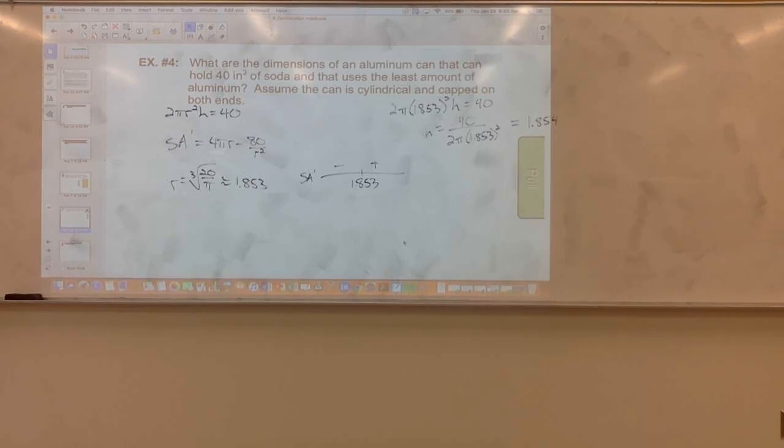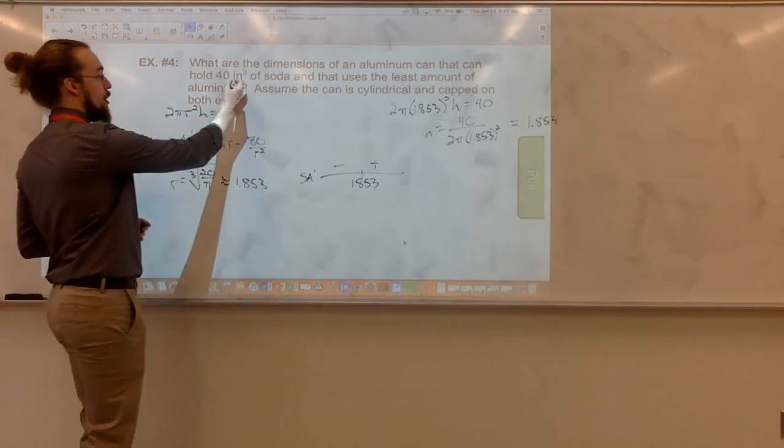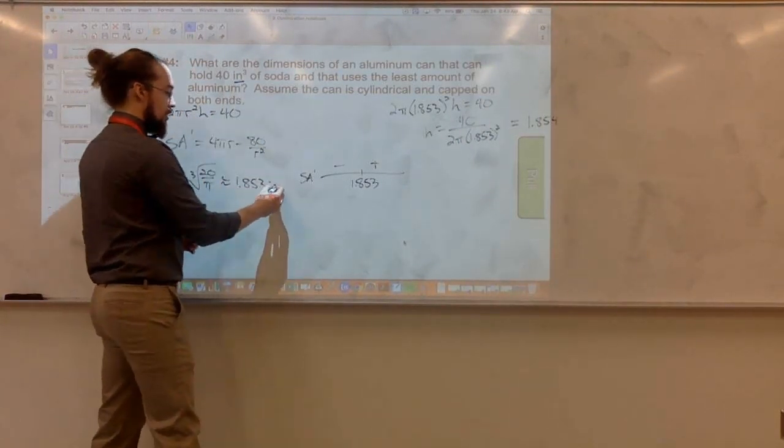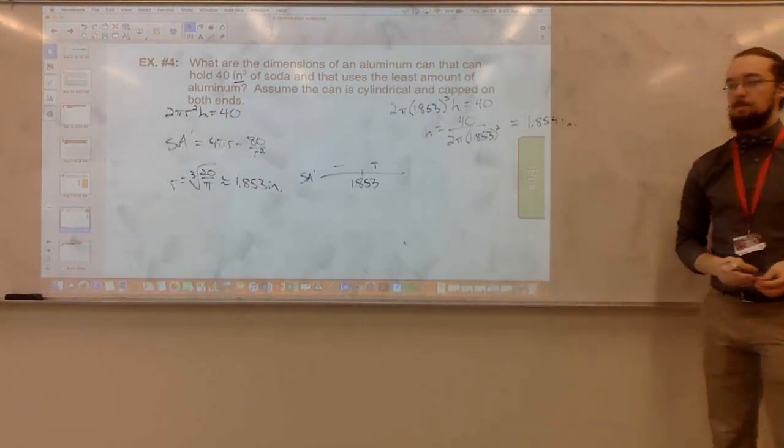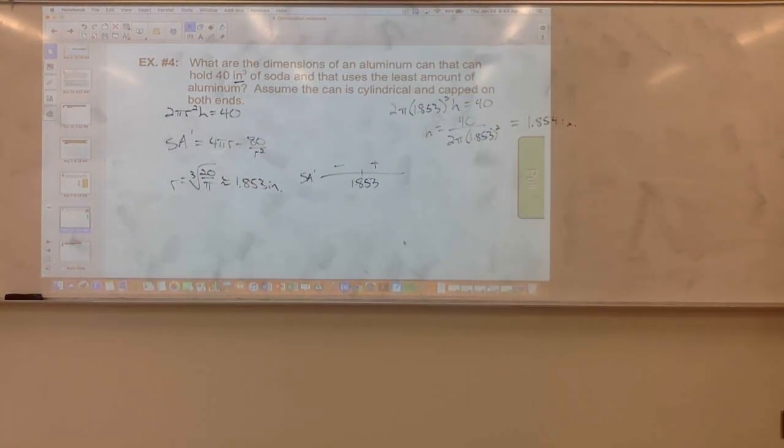Okay with something like this? Yeah, we are given a unit, so we should tack on inches for both of those. So are the dimensions just 1.853 and 1.85?